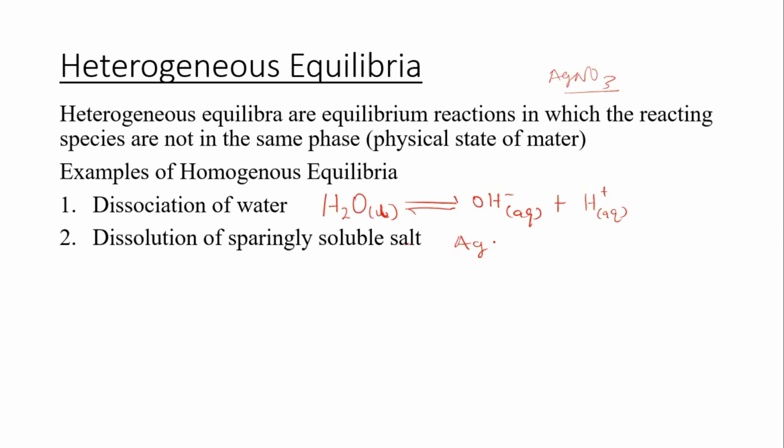Now, when you have AgCl, for instance, by the time you put AgCl in water and you shake it several times, it won't dissolve. You can even shake your body, nothing will happen. But what happened is that an infinitesimal amount of this salt actually dissolves to form AgCl aqueous, but you wouldn't notice that.